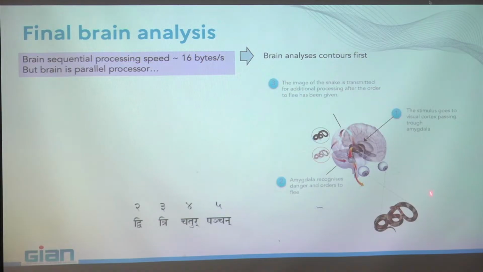Well, what happens when you see, for example, the snake here? The snake is a potential danger for our species, and the information passes from the eye first of all to a central place in our brain called the amygdala, which is near the central area, and the amygdala is part of the reptilian brain. It is something common to all species, and inside this amygdala, we know that some potential dangers for the species are coded.